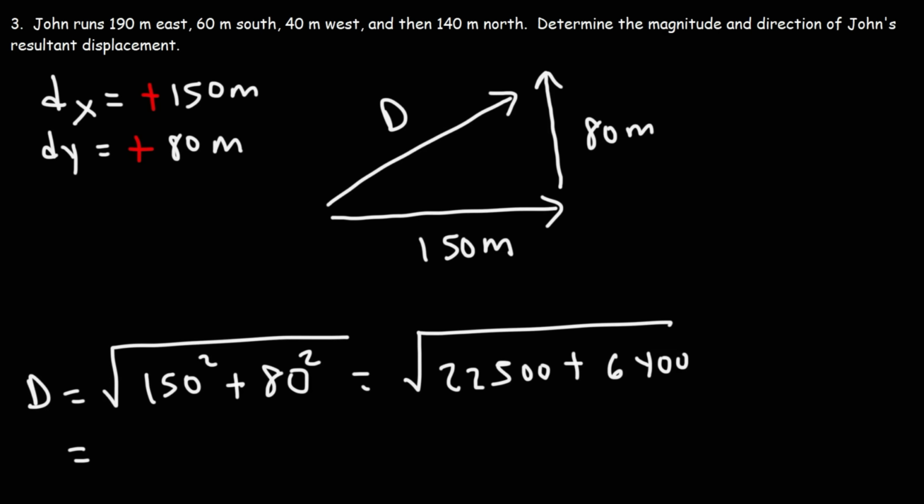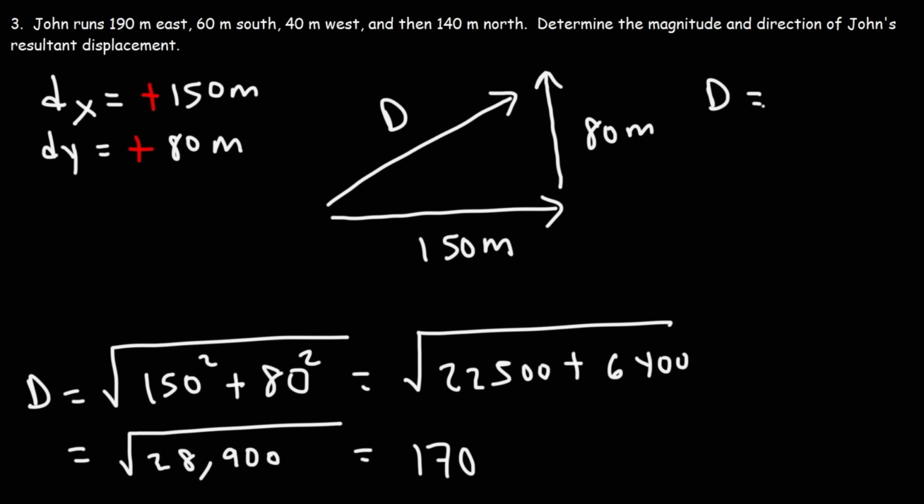Now let's go ahead and add the two numbers. The sum of those two numbers is 28,900. And the square root of that is 170. So the magnitude of the resultant displacement vector is 170 meters. So that's the distance from where John started to where he ended.